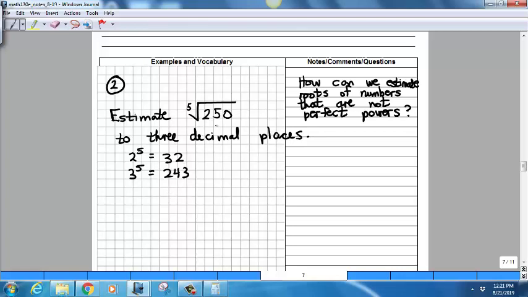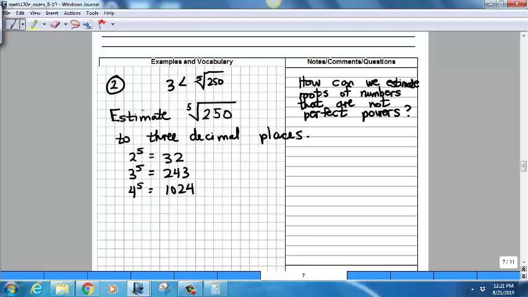Notice that 243 is a little bit below 250. But on the other hand, what is 4 to the fifth power? That's 1,024. So we know that the fifth root of 250 has to fall between 3 and 4.